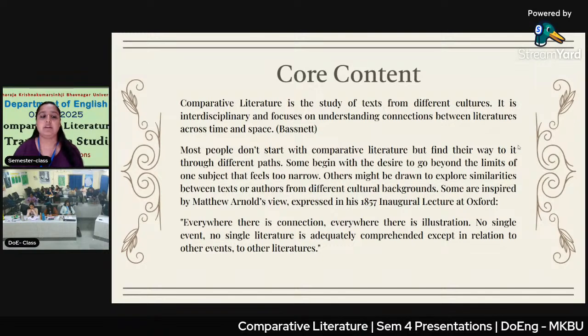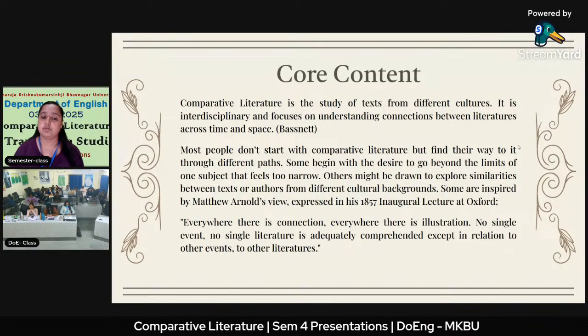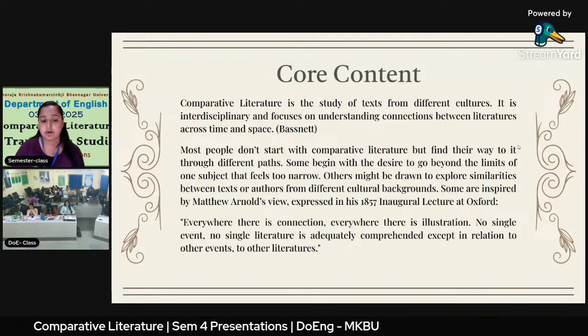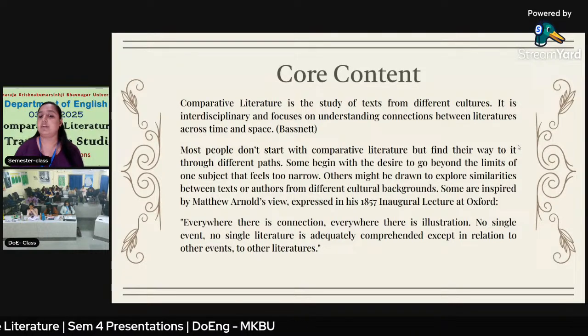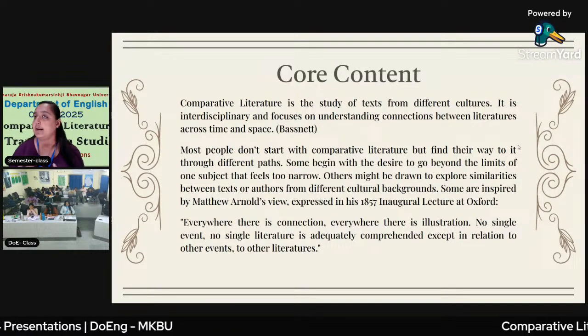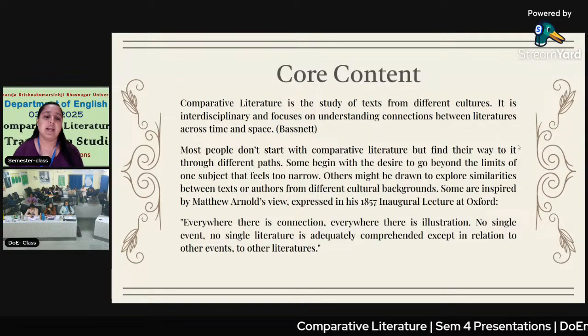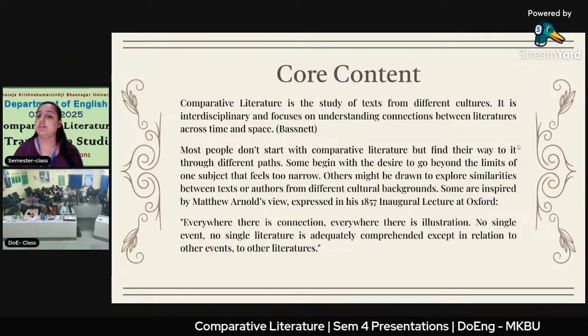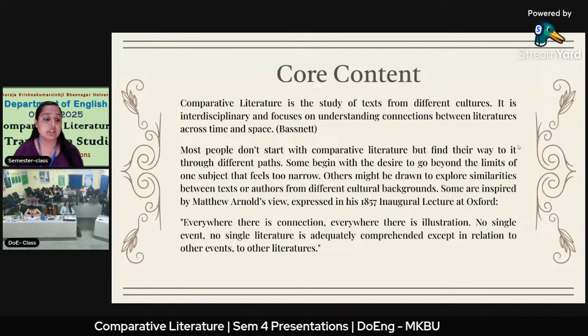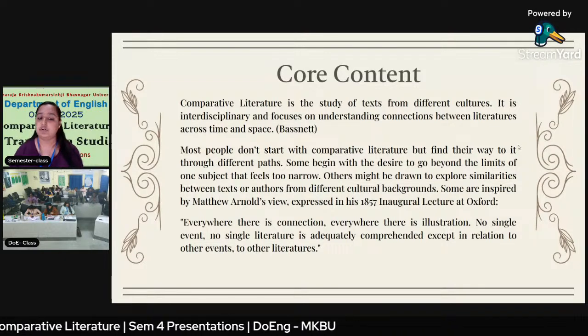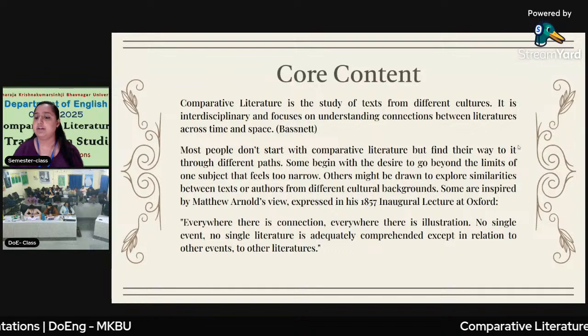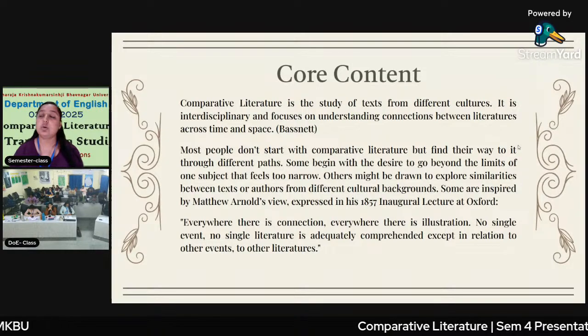Some were inspired by Matthew Arnold's view, which he expressed in his 1857 inaugural lecture at Oxford University: everywhere there is a connection, everywhere there is an illustration. No single event, no single literature is adequately understood except in relation to other events and other literatures.